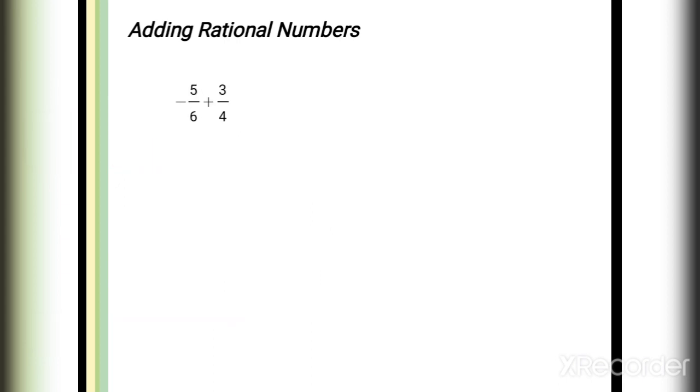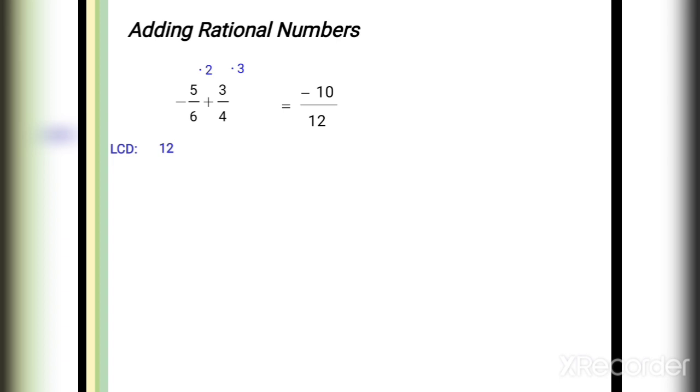Now another one: minus 5 by 6 plus 3 by 4. We have to find the LCM first. The LCM will be 12. Hence we have to multiply the numerator and denominator as well. 5 will be multiplied by 2 and 3 will be multiplied by 3.